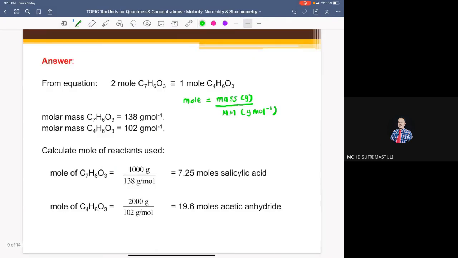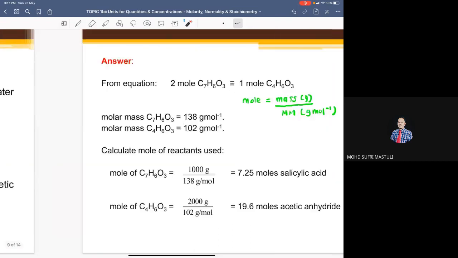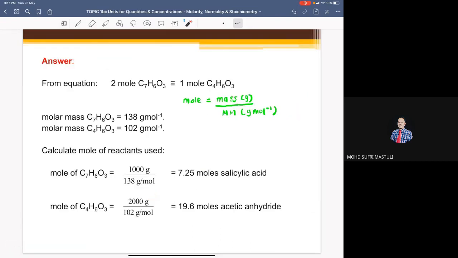So 1,000 gram divided by 138 gram per mole, and then you can obtain the mole number of salicylic acid. The same goes for the acetic anhydride: 2,000 gram divided by 102 gram per mole, the molar mass of C4H6O3, and then you can obtain 19.6 mole of acetic anhydride.